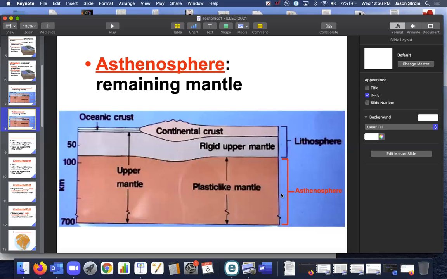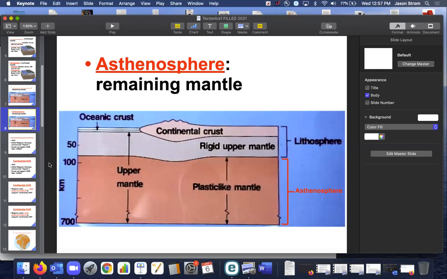So it's in between, but it is softened. I had one student in the past who insisted on referring to it as silly putty. Whether it's silly putty or Play-Doh or something, just remember that the asthenosphere is soft and it does move. It doesn't move quickly, but it does move.